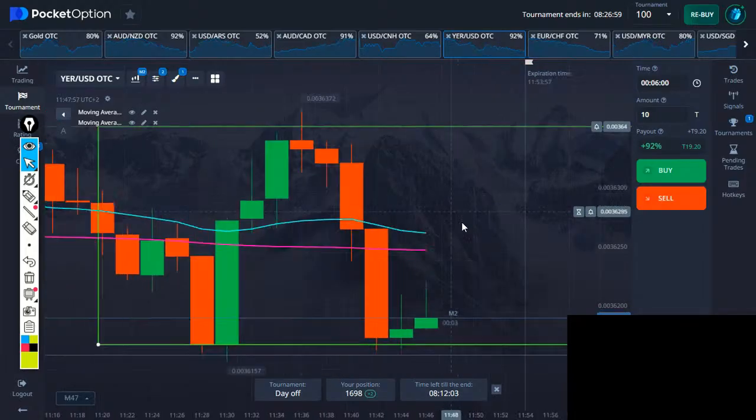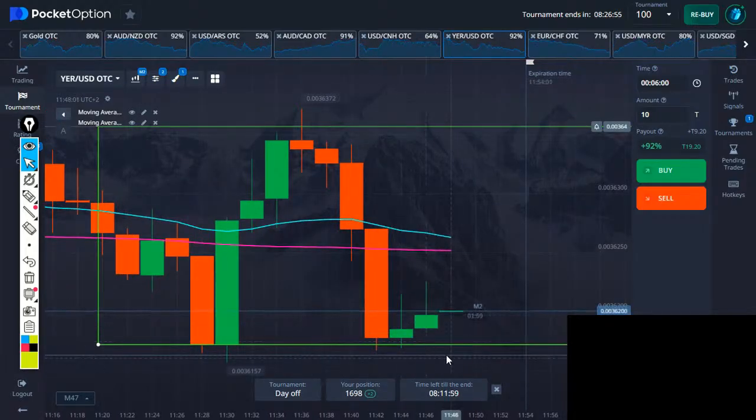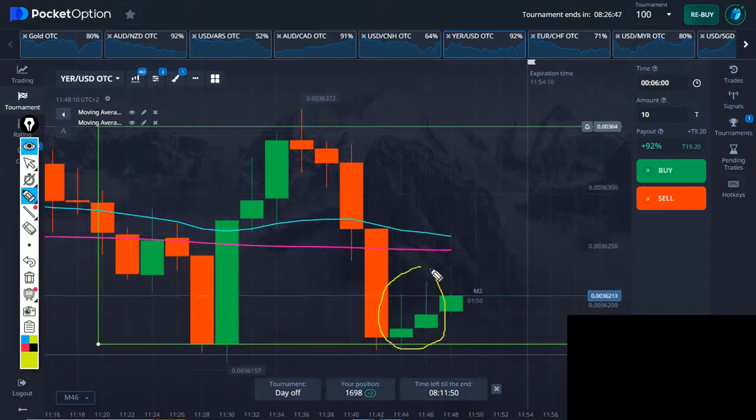See, this is happening, 2 back to back. I would have preferred a close outside. I need a close outside. See those two? Very powerful. Topping tail bars with a small body.